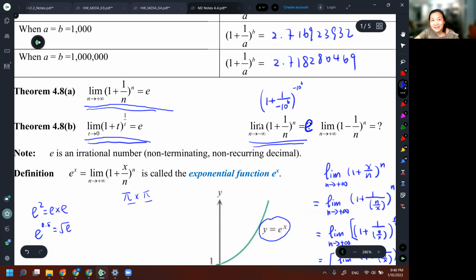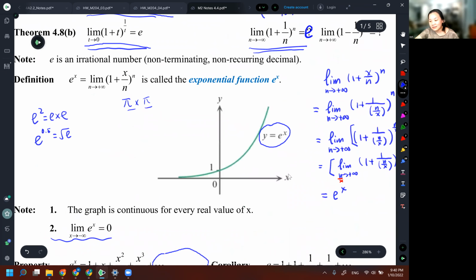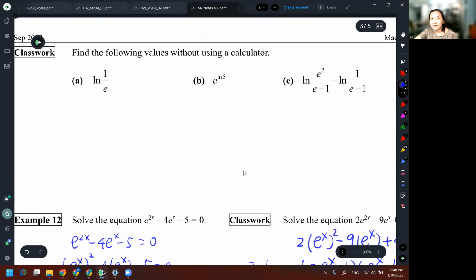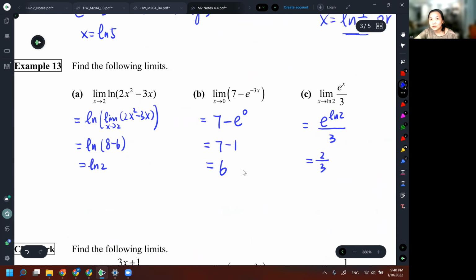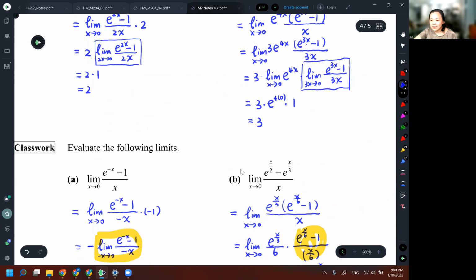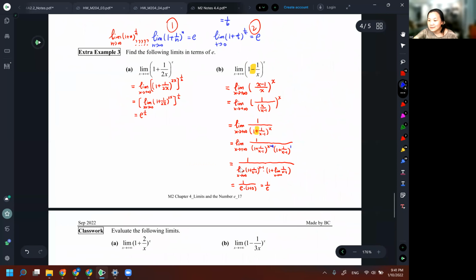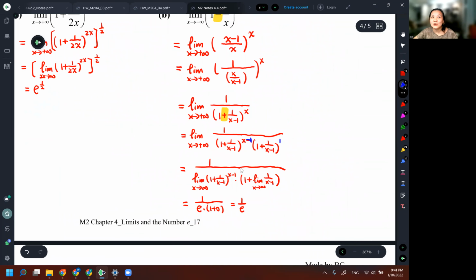Okay, you memorize this is also equal to E. When n tends to -infinity, it also tends to E. And then I think this example can be easy. Okay, Sophia, I think this is your question. Now, I know my method looks ridiculous, but I encourage you to understand every step I did.